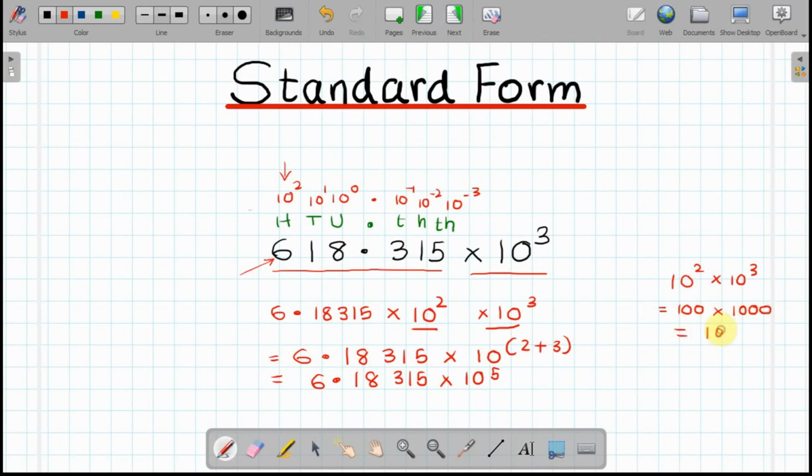That is 100,000, which is the same as 10 to the power 5. But instead of going through all those steps, you can just add the powers if the bases are the same and you're multiplying. If you were dividing, you'd do the opposite, you'd subtract the powers, but the bases need to be the same.